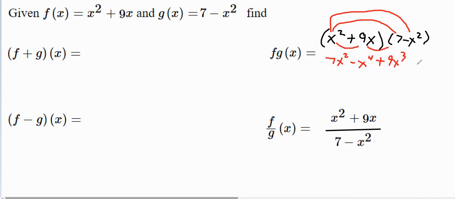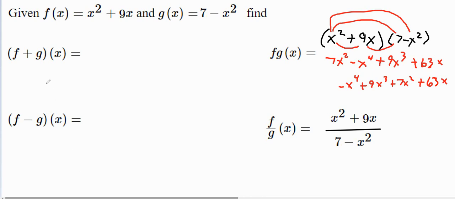And then we'd have 9x times 7, which is 63x. We might want to rewrite it in standard form to say negative x to the fourth plus 9x to the third plus 7x squared plus 63x. And again, you don't have to do this because it's not asking you to write it in simplified form or anything like that.